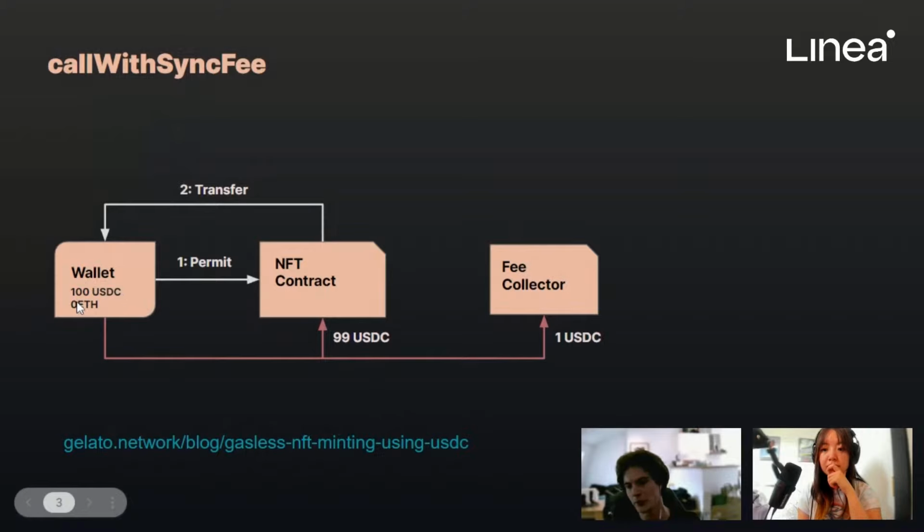So no native tokens to transact. It can sign an ERC20 permit signature, approving the NFT contract to spend the USDC. And then we can relay a mint transaction. The NFT contract can then transfer, for example, 99 USDC to itself, and then 1 USDC to a fee collector. And that pays for the transaction. So this is what I was alluding to earlier with having transactions self-paying. In this case, we didn't use Ethereum, but the transaction cost was still covered within the actual transaction itself.